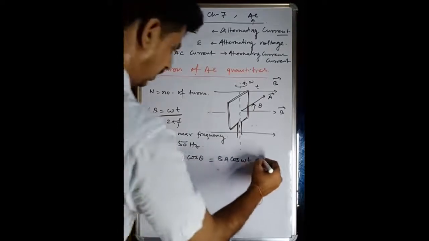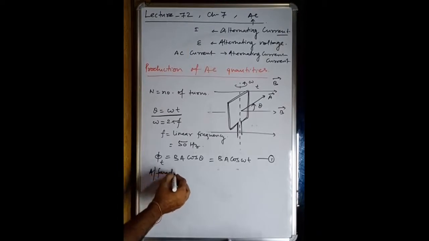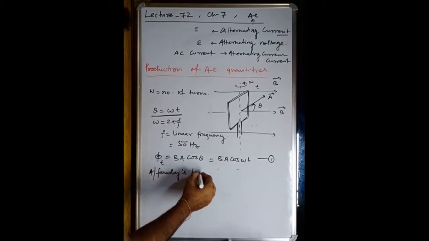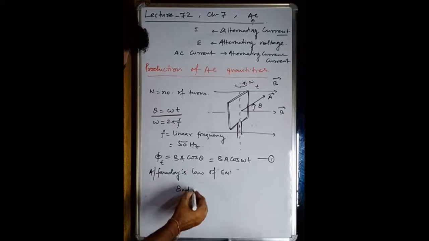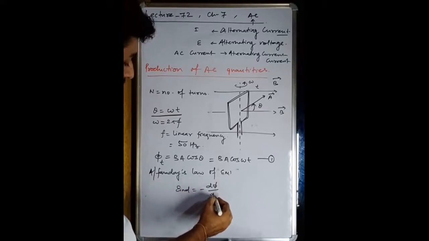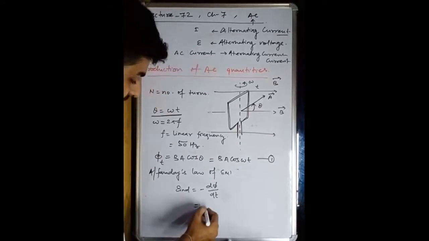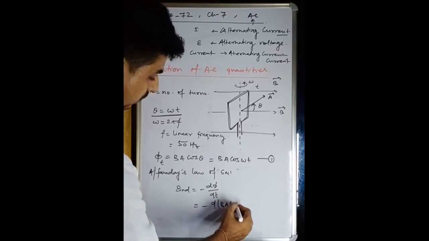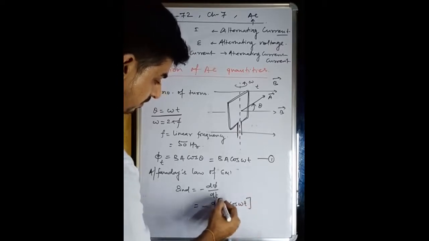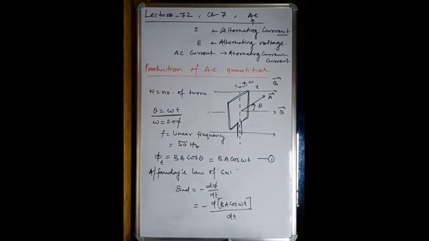Now, we know that according to Faraday's law of electromagnetic induction, E induced is minus d phi over dt. Which type of flux is it? Magnetic flux, and this is a function of time. Now, by differentiating this flux, we will have d of B A cos omega t over dt, which gives the induced EMF.